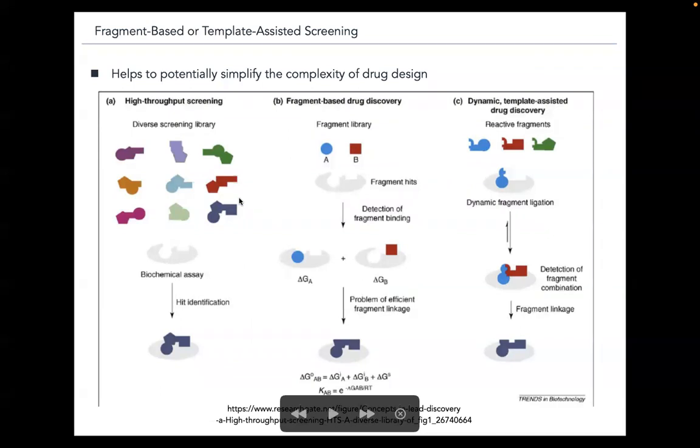Right, fragment-based screening has become huge. You have the situation with high throughput screening, which we talked about before, where you screen a diverse library of compounds, and through a biochemical assay you're able to identify a hit, something that binds. But what people have started to do is look for binding of fragments of molecules.